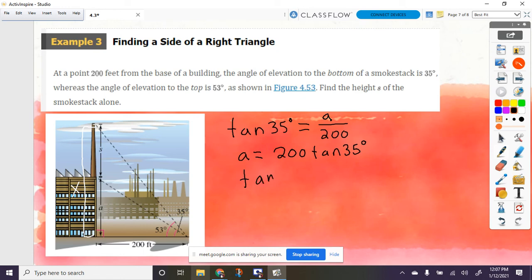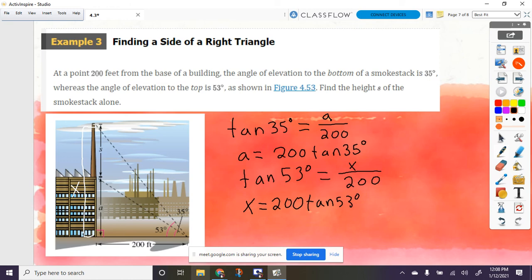Tangent of our big angle, 53 degrees equals X this time, because I'm talking about the big one, over 200. So again, we multiply by 200. So we get 200 times tangent of 53 degrees.